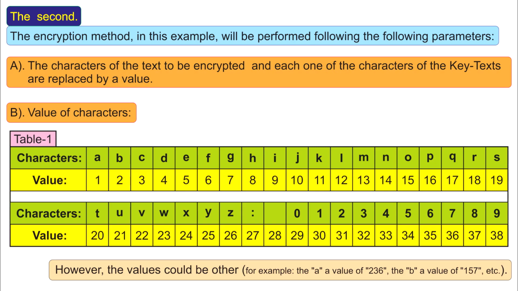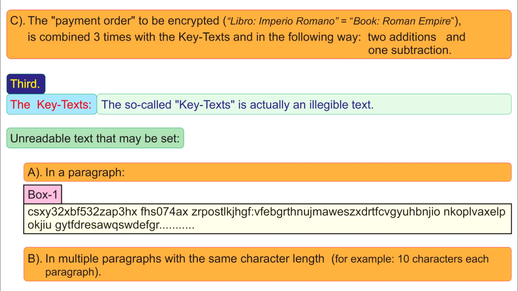However, the values could be other, for example, the a a value of 236, the b a value of 157, etc. C. The payment order to be encrypted is combined 3 times with the key texts and in the following way: 2 additions and 1 subtraction.